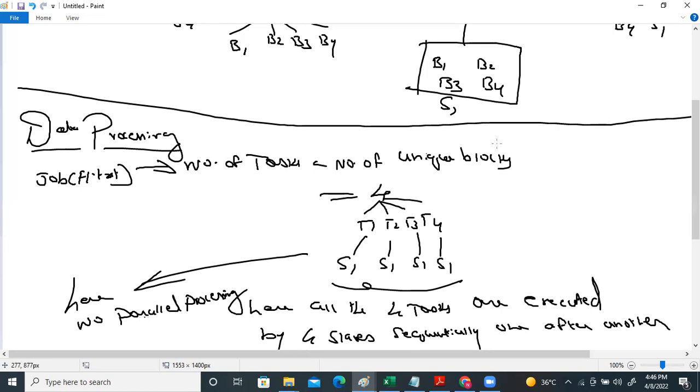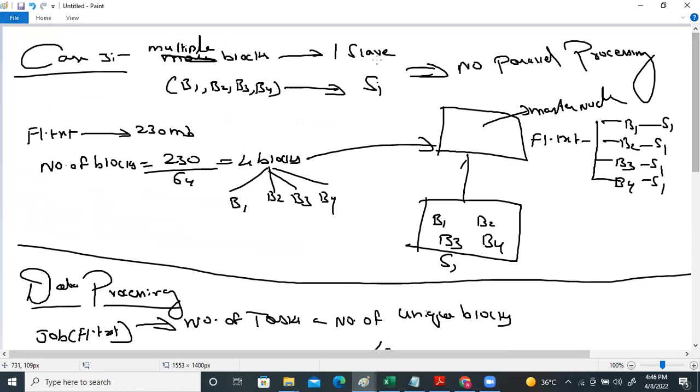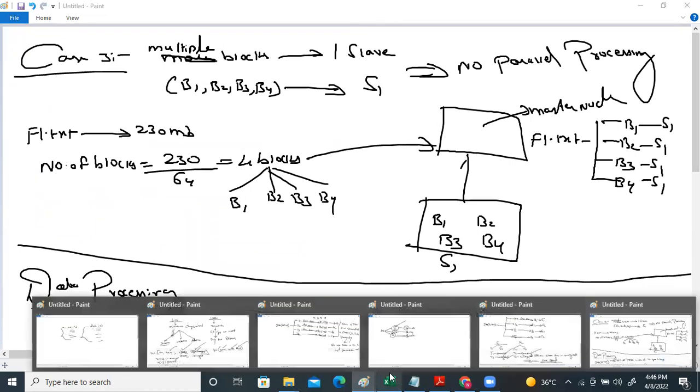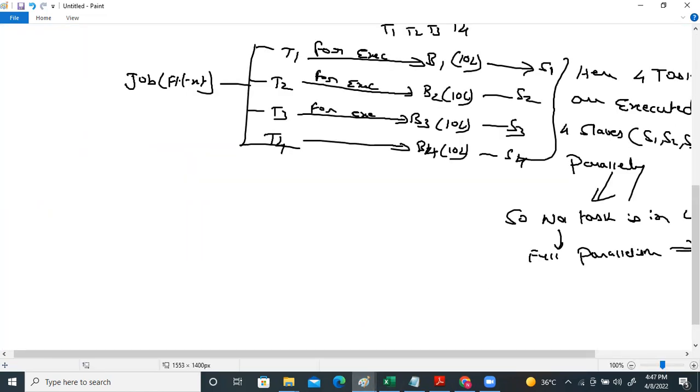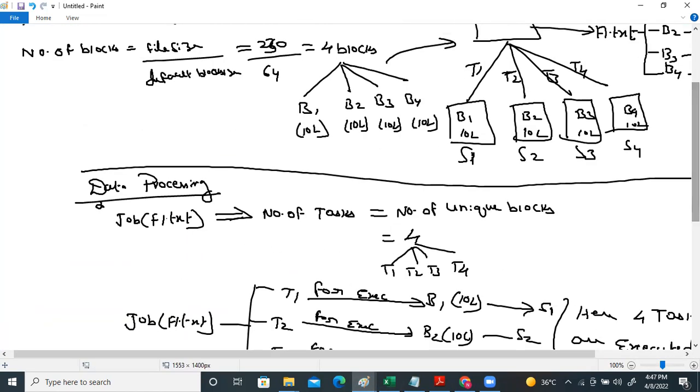Sequential execution, right? Okay, understood this case 3? If I go back to case 1, that is what 3 cases are.